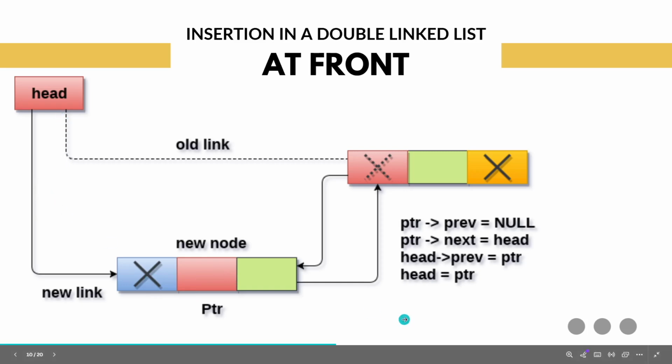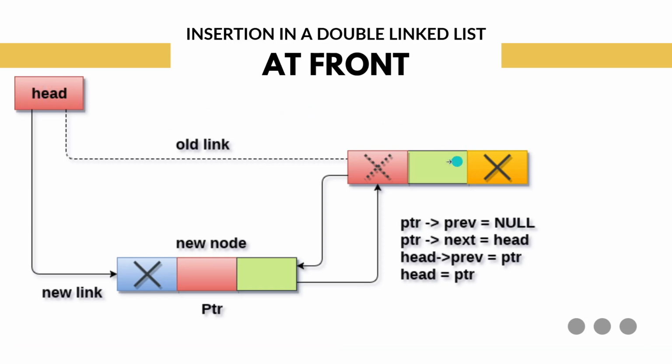So, there are certain pointer manipulations which we have to do by this time. So, here head has been pointing to the old node so far. Now, the new node has to be the first node of the list, right. So, we may have to revise the head to point to this node. But before that, since the new node happens to be the first node of that list, it should contain the address of the subsequent node, right.